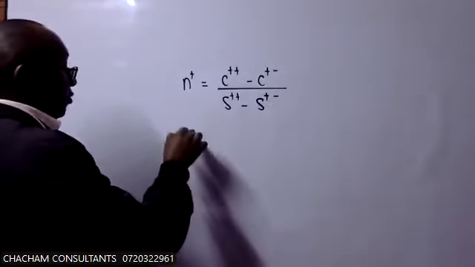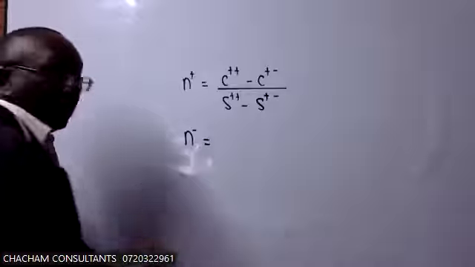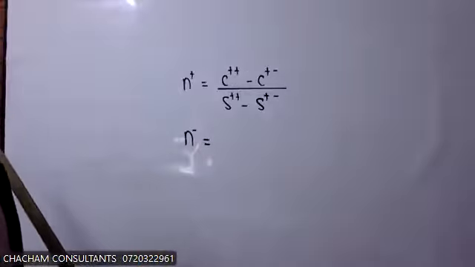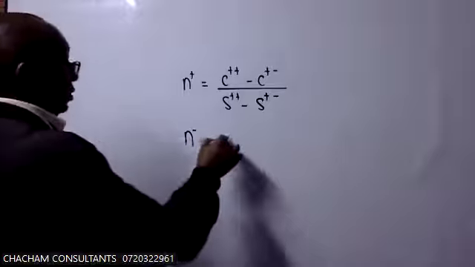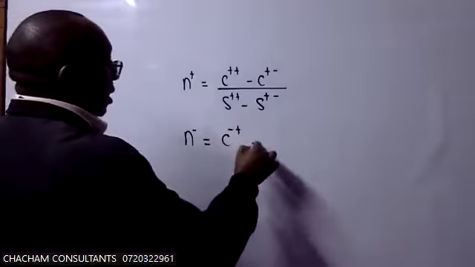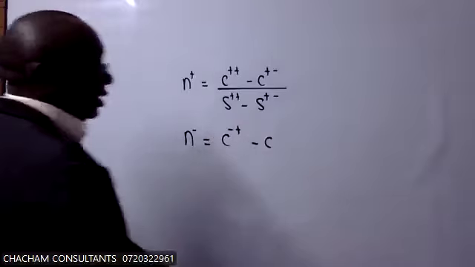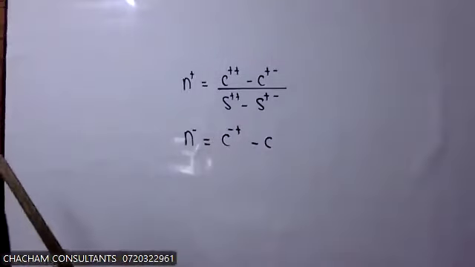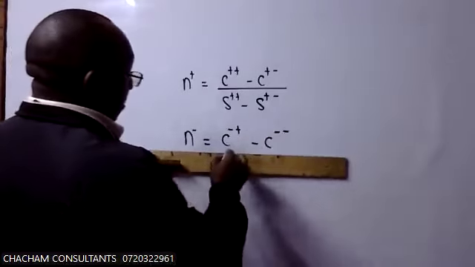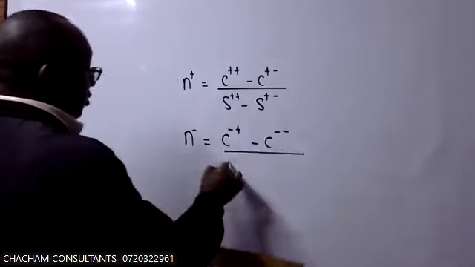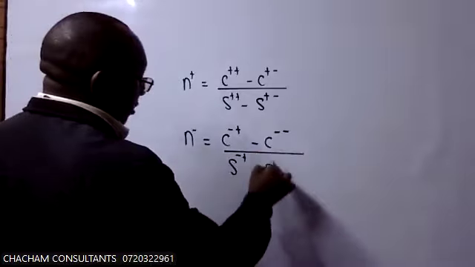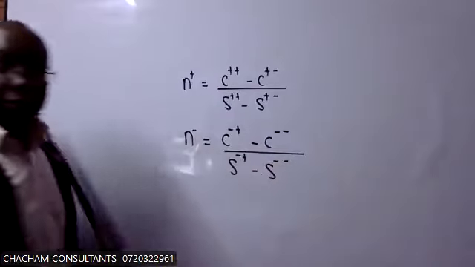And then if you want to get N when we go down, it will be C when we went down then up, minus C when we went down and down. Then you do the same: S down up, minus S down down.